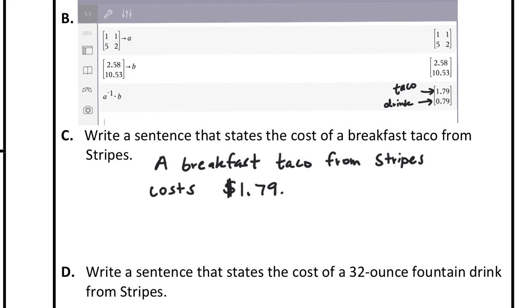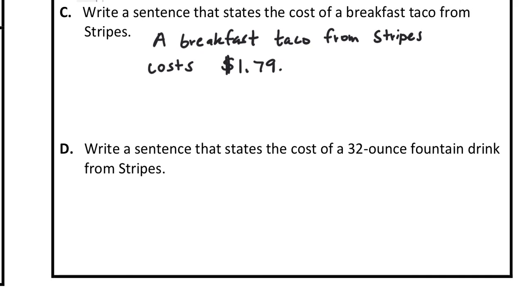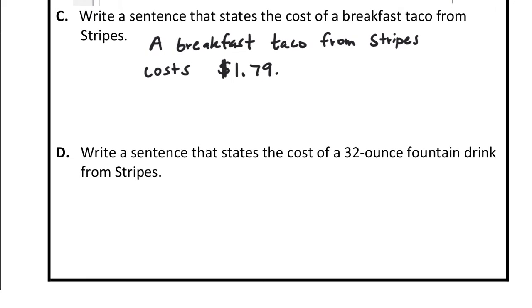And then part D is asking, write a sentence that states the cost of a 32-ounce drink from Stripes. So we have that the 32-ounce drink costs 79 cents. So we're going to state that down here.